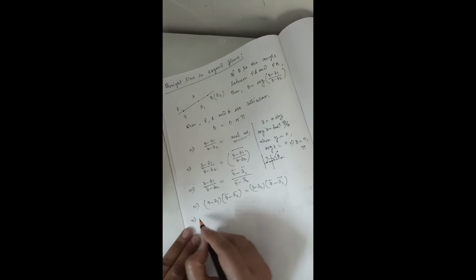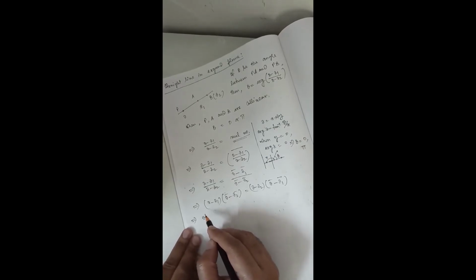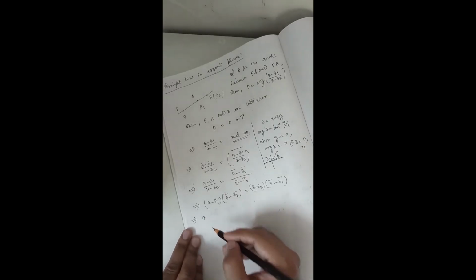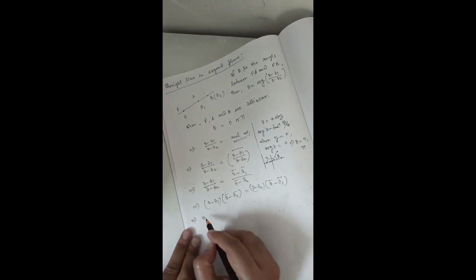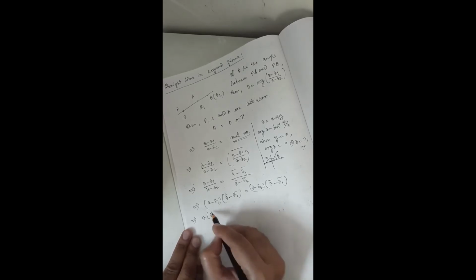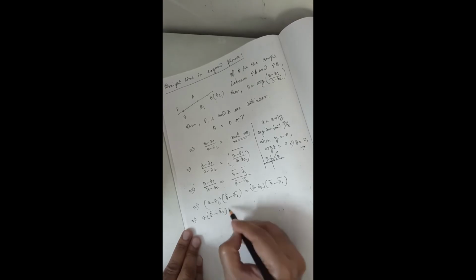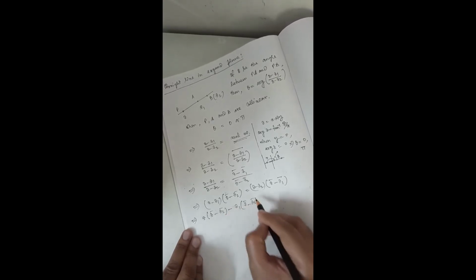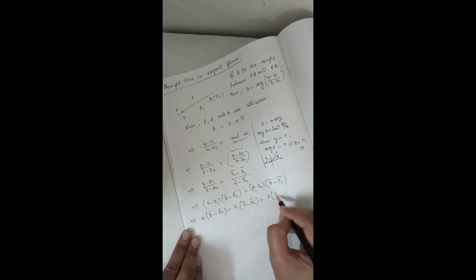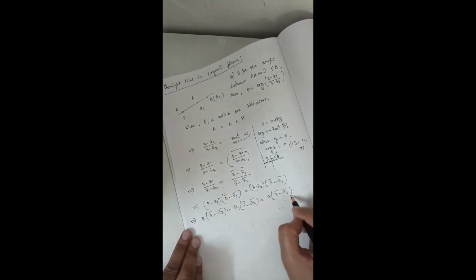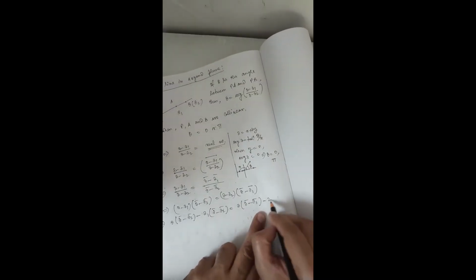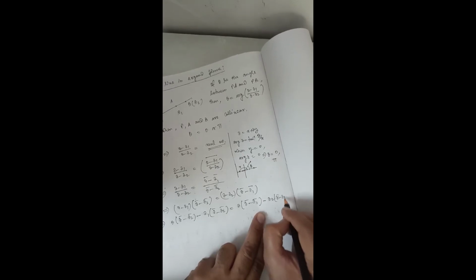This implies z into z bar minus z2 bar minus z1 into z bar minus z2 bar equals z into z bar minus z1 bar minus z2 into z bar minus z1 bar.